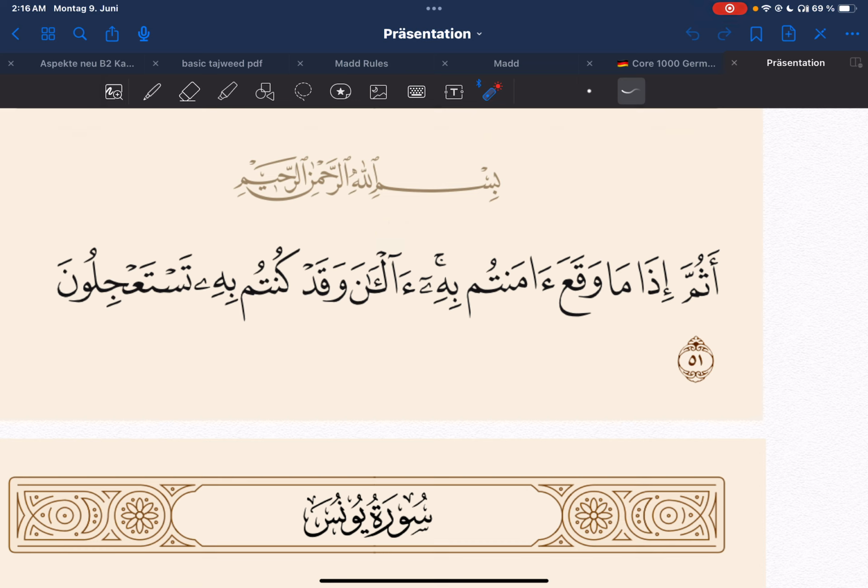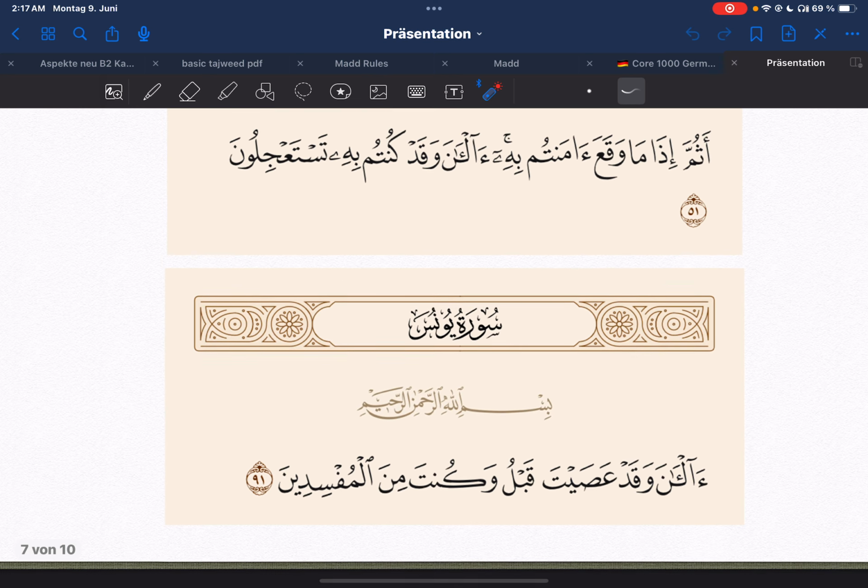So we stretch the vowel by 6 harakat. Ana? No, this is not correct because it's not 6 beats. Again: الآن وقد كنتم به تستعجلون.